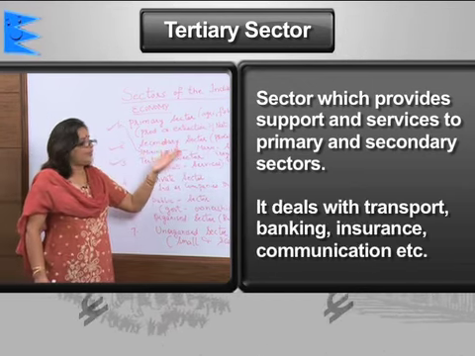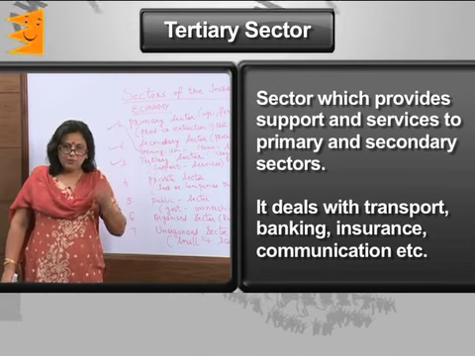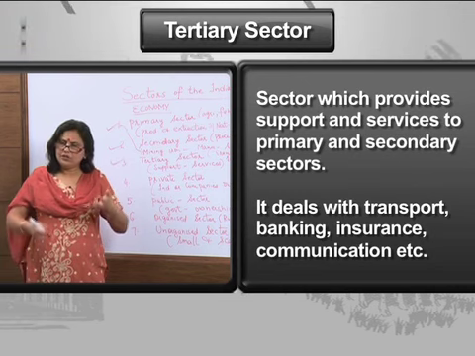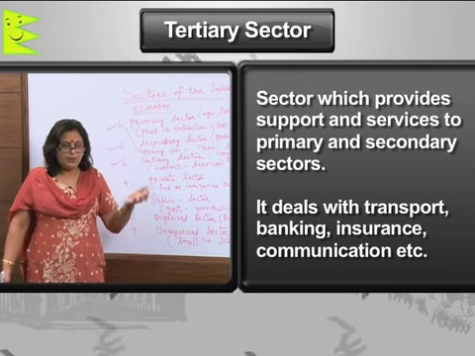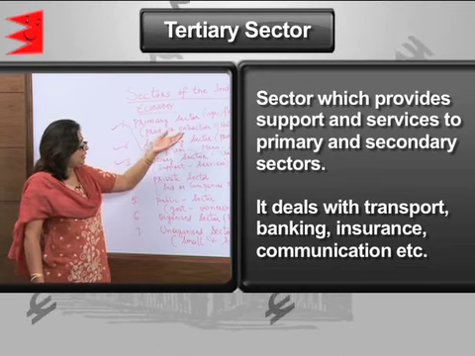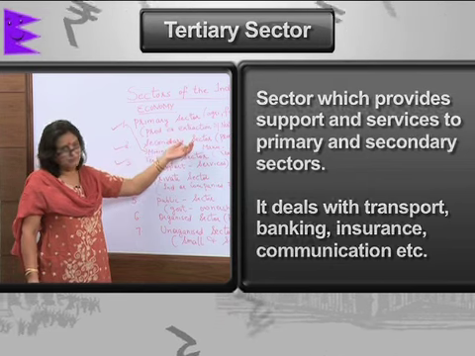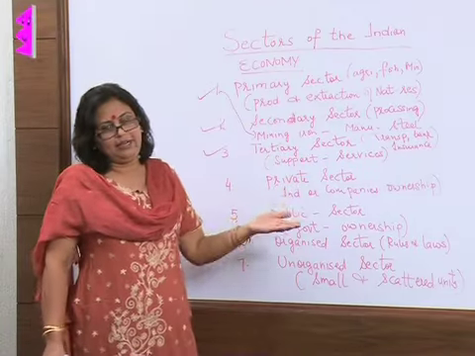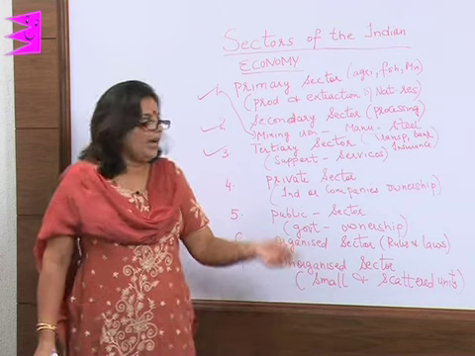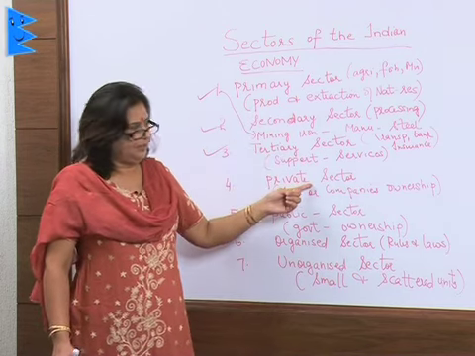It deals with transport, banking, insurance, communications and so many other areas which are responsible for catering to the needs of the primary and the secondary sector. So, the three big sectors in any economy are the primary, secondary and the tertiary sector.